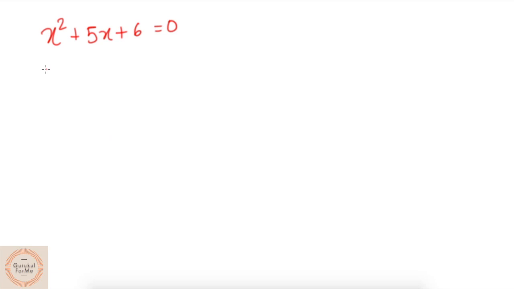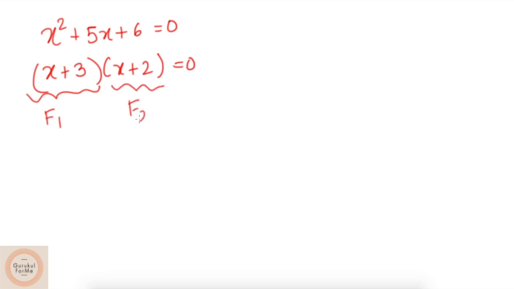Now we saw that x plus 3 and x plus 2 is equal to 0. We said this is one factor which is a split of this, and this is another factor.